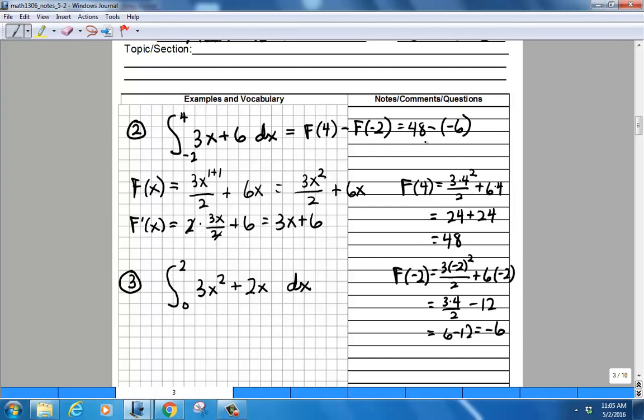So you end up with a double negative there. So altogether, you get 54. So apparently, if we drew a picture of this curve, which is a straight line, and looked at the area under that curve from minus 2 to 4, it would turn out to be rather a large value there. It would be 54.